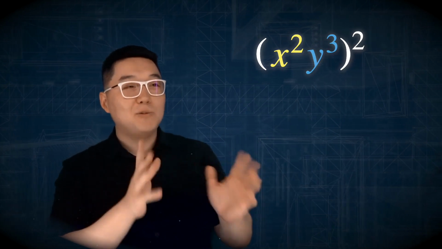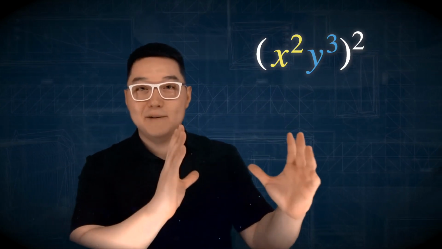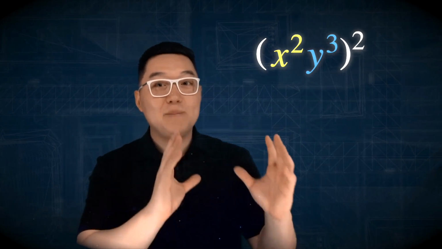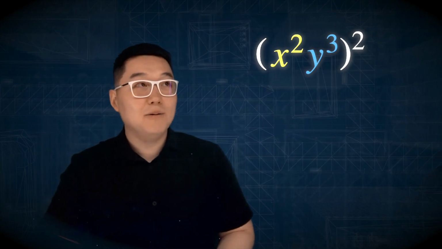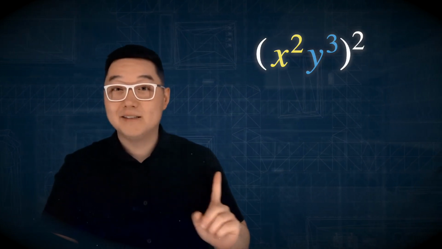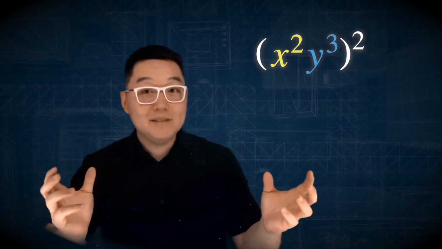Let's try another example. Okay, but this time, let's say we have something more complicated like this. x squared times y to the third, but all of them, the quantity, is actually being squared. Okay, so the best way again to simplify something that looks like this is to break them all apart into pieces.